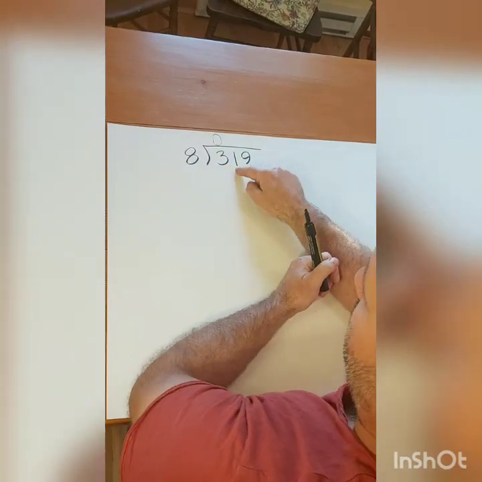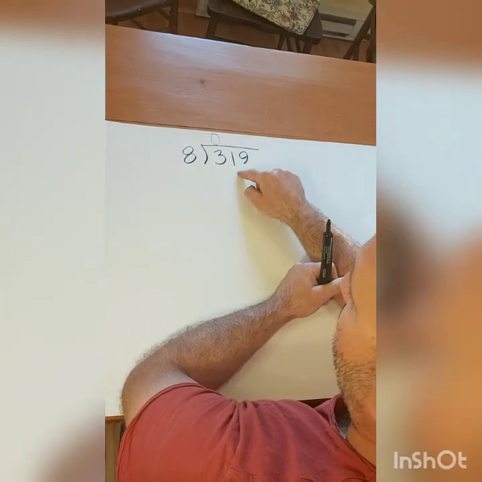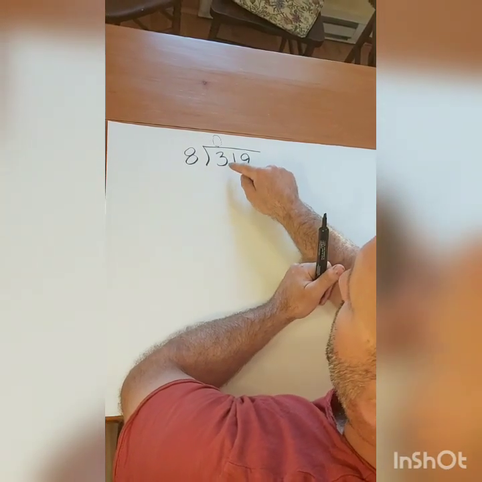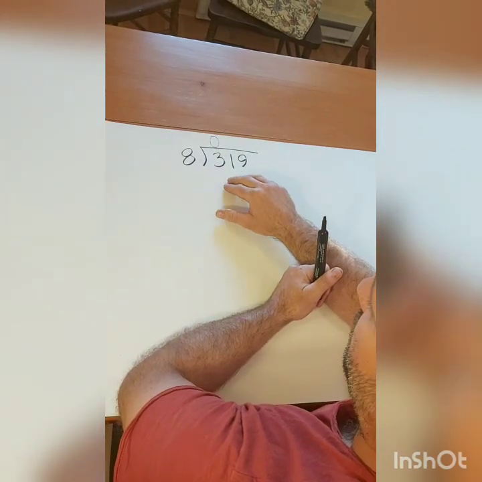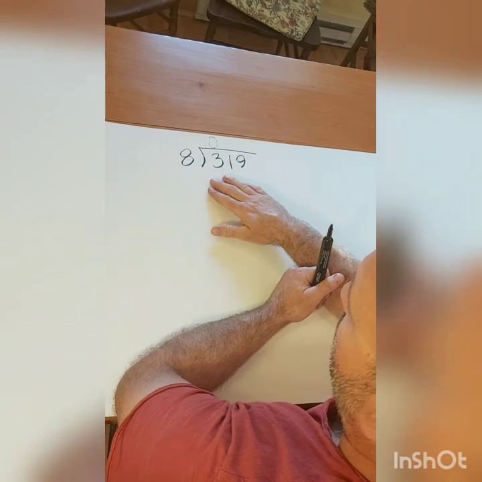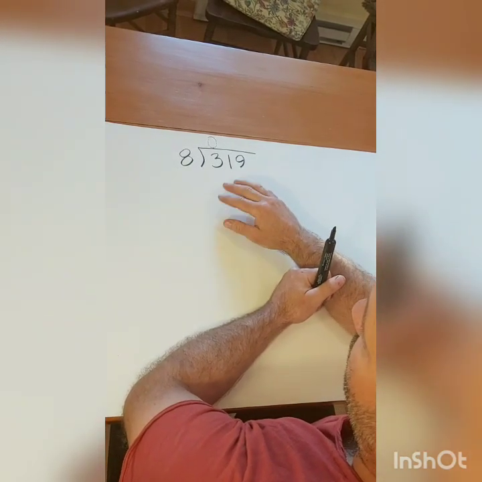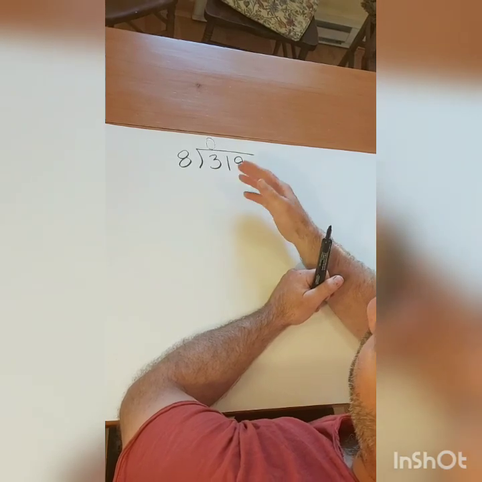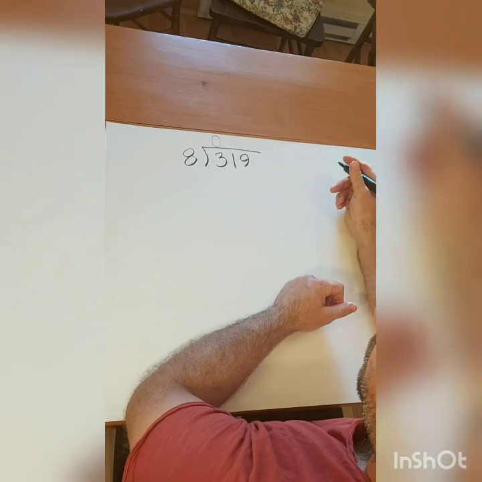Later on in the video, I'm going to show you another way of approaching this if you have graph paper at home in terms of lining up your numbers. It's very important when we do long division that we're cognizant of place value and that our numbers line up properly. Otherwise, it's very simple to make simple mistakes just by putting our numbers in the wrong position.